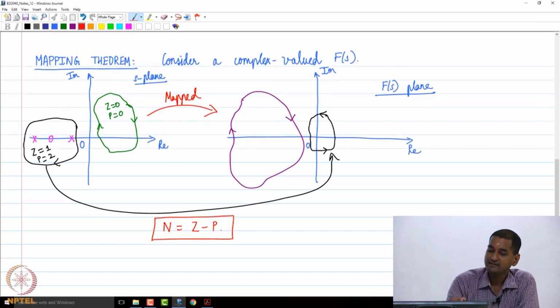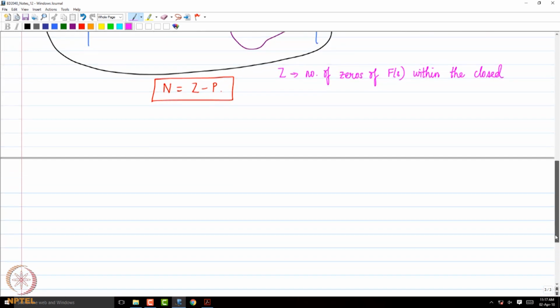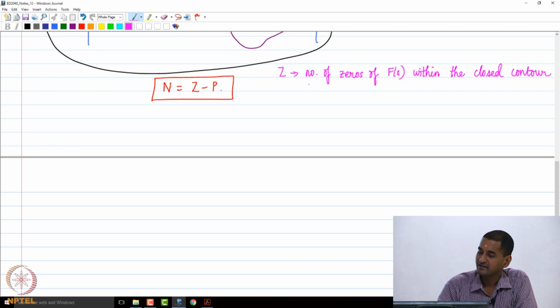Let me write down the meanings of all these terms. Capital Z is essentially the number of zeros of the function f of s within the closed contour in the S plane.